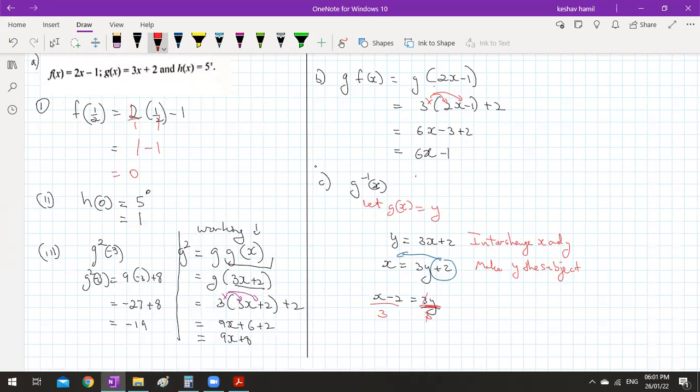This 3 will cancel out this 3. We'll get y is equal to x minus 2 over 3. Right? And then we say let y equal to g inverse x. So therefore we'll have g inverse x is equal to this here, which is x minus 2 divided by 3.